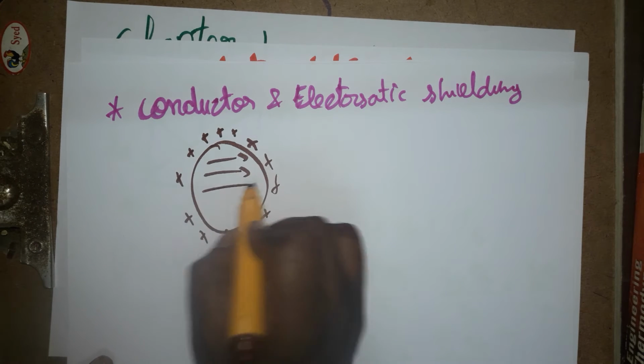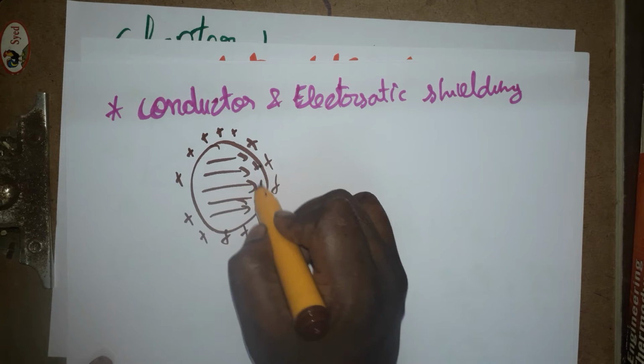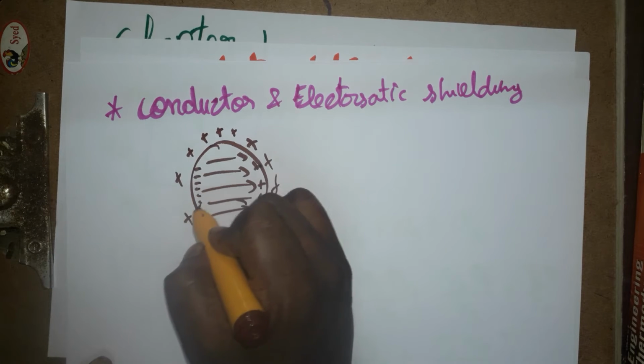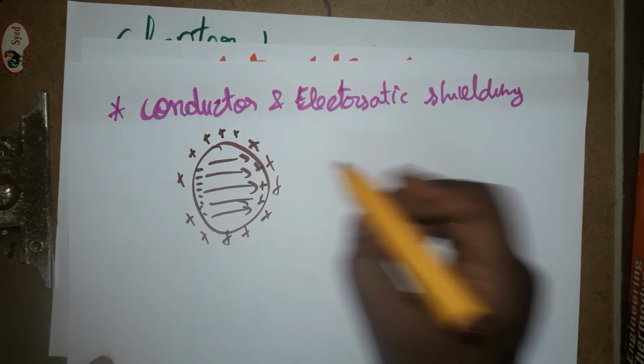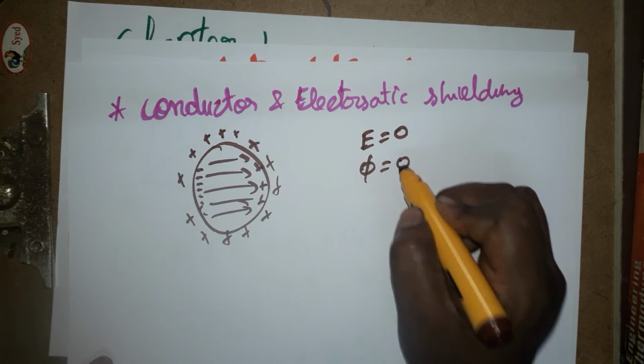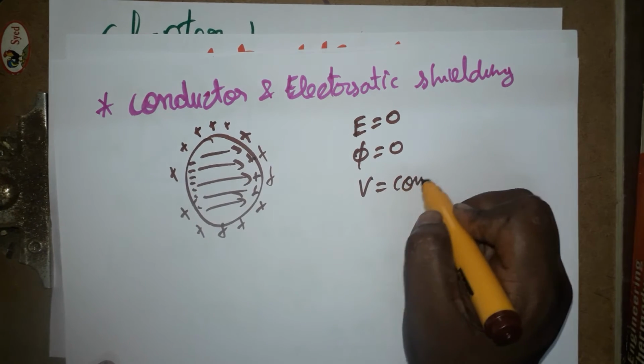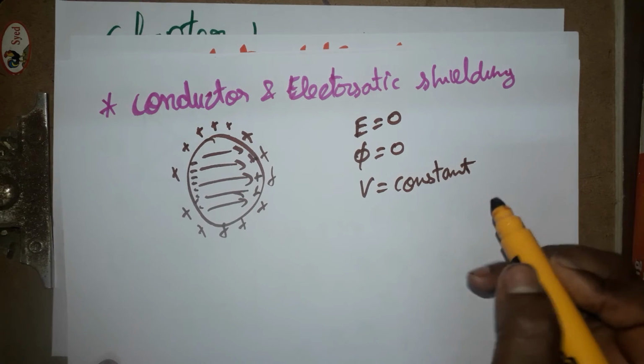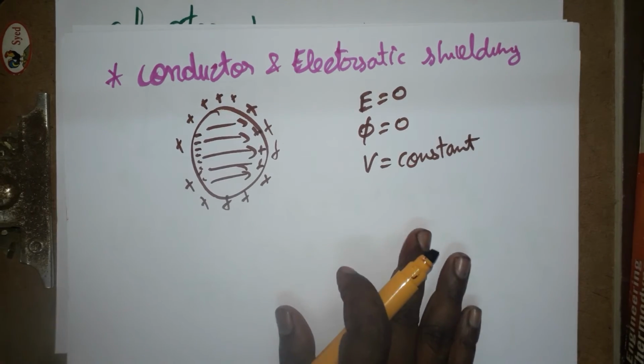Inside, the net electric field will be 0, because electrons are on one side and the deficit of electrons is on the other side. So the electric field inside the conductor is 0, the electric flux inside the conductor is 0, and the voltage becomes constant inside the conductor. You need to know this definitely.